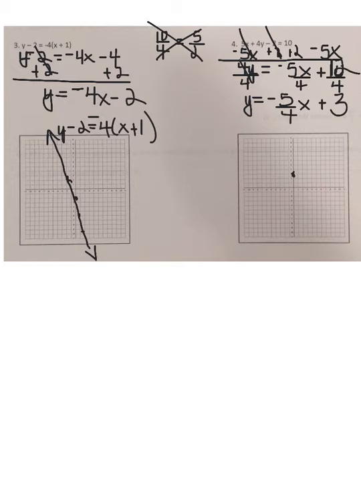Okay, and you'll be able to see it better because you have a bigger graph. 4, negative 2. All right, and then from there, I'm going to go down 5 more. So from here, I'm going down 1, 2, 3, 4, 5. 1, 2, 3, 4 to the right. All right, so that looks like 8. I can't even read the numbers. I have my glasses on and I still can't see it. 8, negative something or other.